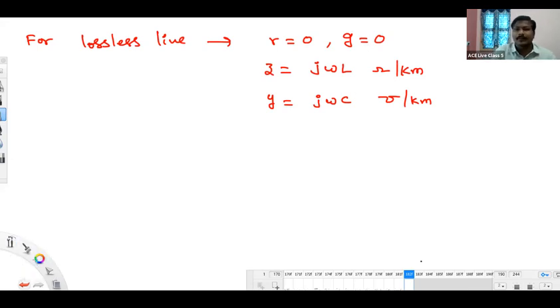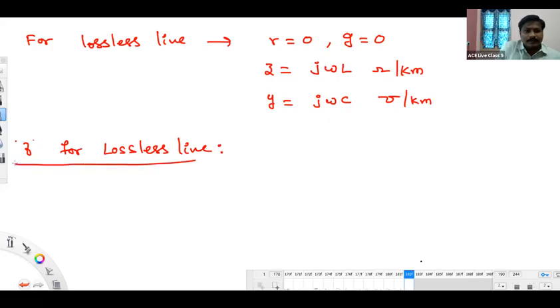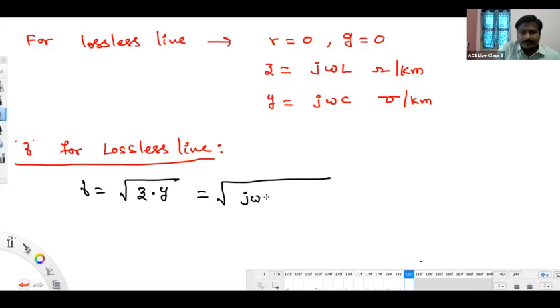Next thing. First, let's take the propagation constant for the lossless line. Gamma already we said is root of Z into Y. So you get root of j omega L into j omega C. Why is R 0?